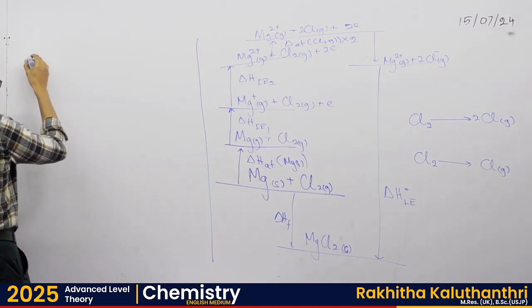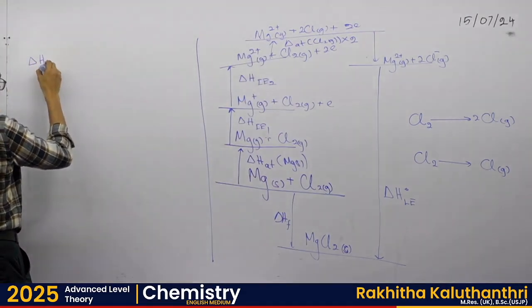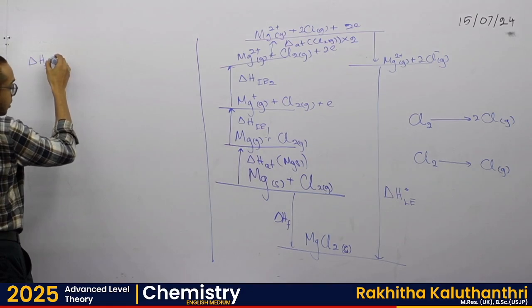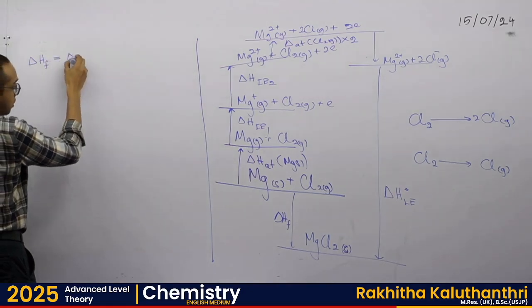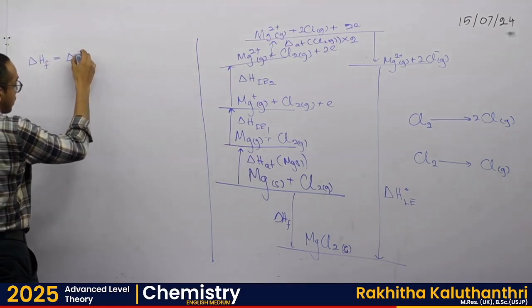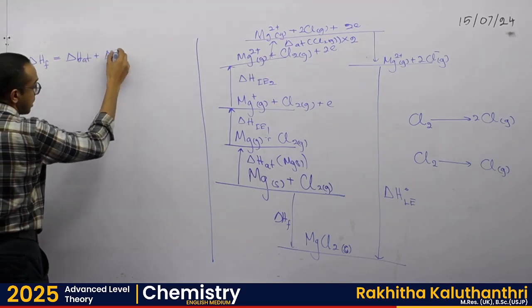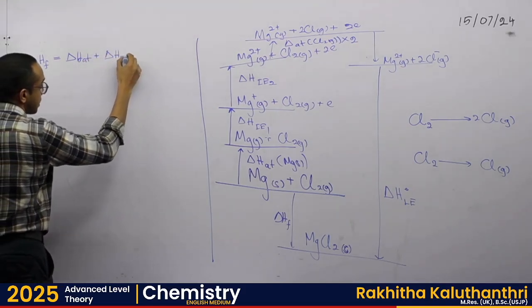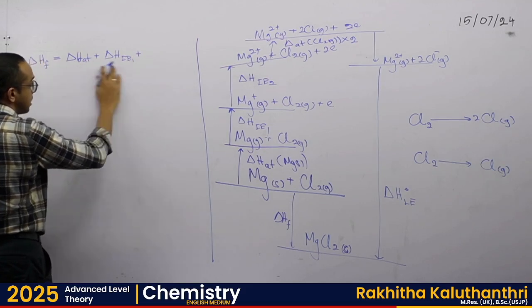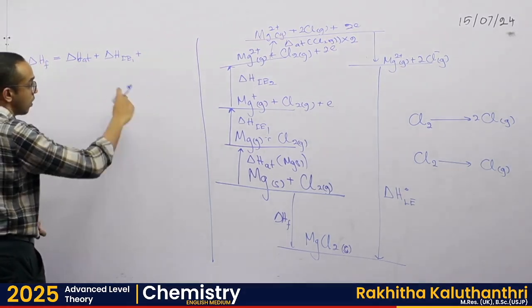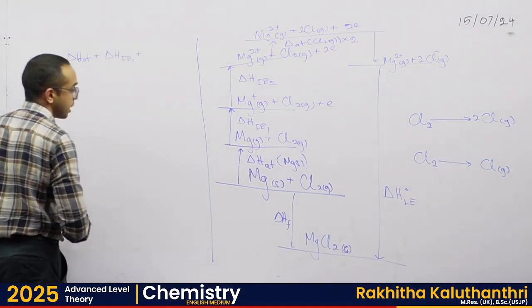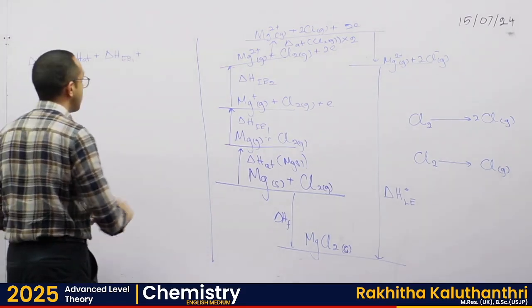We can write delta HF of magnesium chloride is equal to delta HAT of magnesium plus delta H first ionization energy of magnesium. So I'm just writing these symbols, but you should write it the correct way with the proper indication of what enthalpy we are talking about.